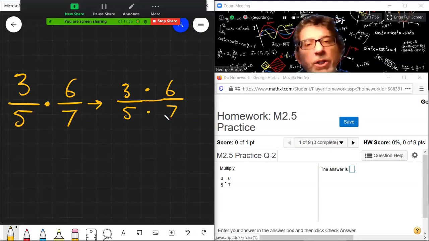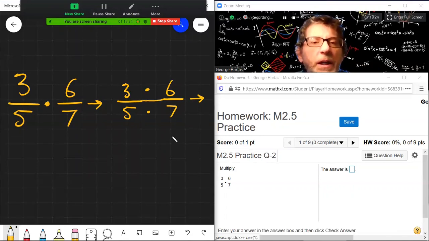And the reason I'm mentioning this is because if it's possible, then you can reduce numbers. You can cancel numbers if it's possible. But in this case, we see that we have a 3 here, no 3s there, a 6 here, no 6s there, 5 here, no 5 there, 7 here, no 7. We cannot reduce this. So all we can really do is just multiply straight across.